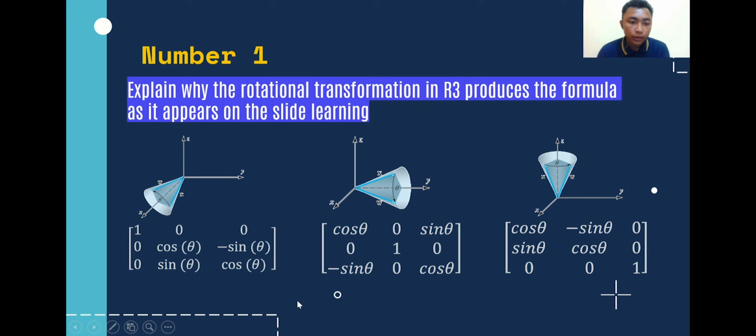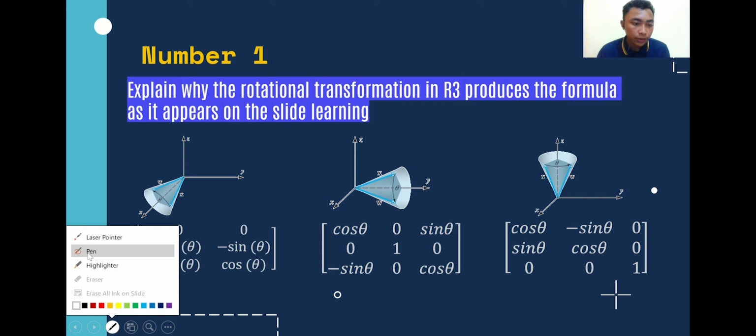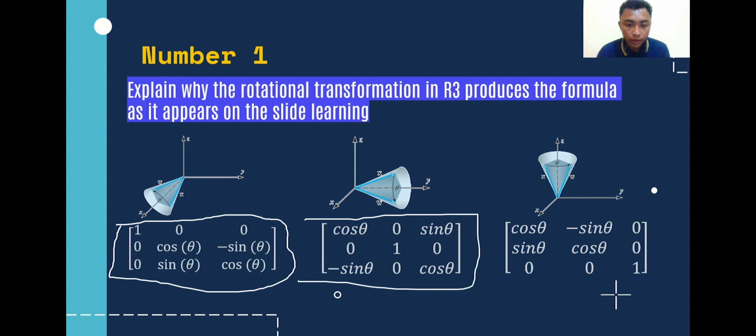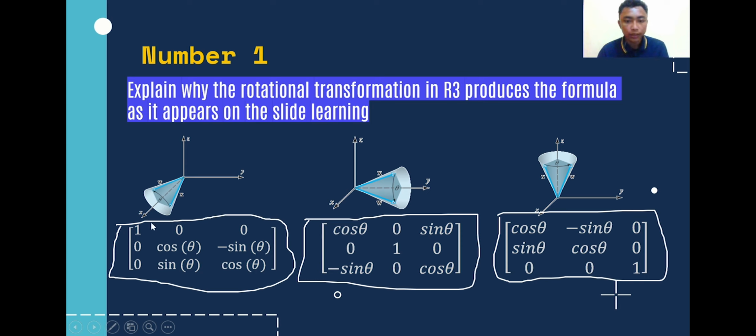The first is the rotation in the x-axis, second is in the y-axis, and the last is in the z-axis. So the question is why the formulas are like this.